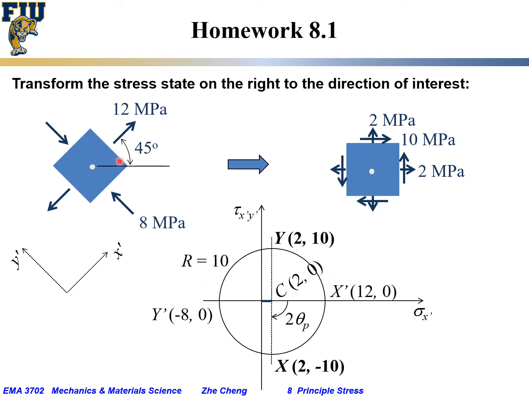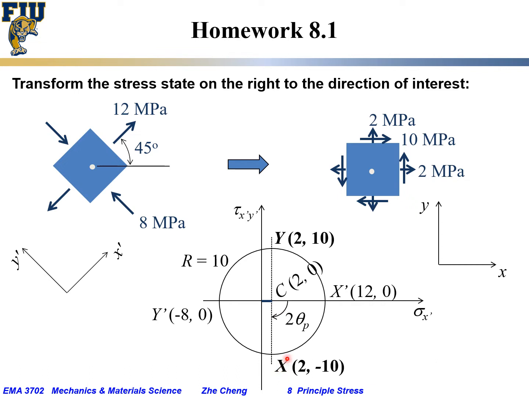And then how do we rotate? From x prime to the horizontal x, you rotate in real space by 45 degrees, which means on the Mohr circle you rotate in the same fashion by 45 times 2, which is 90 degrees, to find the x point.